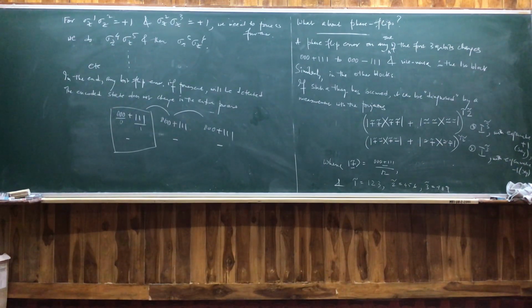The CSS codes are using 5 qubits. Calderbank Shor Steane code, and this is the best that you can do, 5 qubits. You need to store a single qubit, but they are also very entangled.